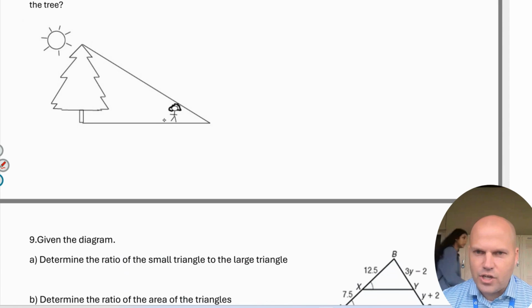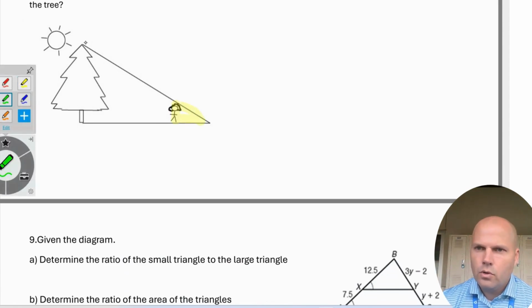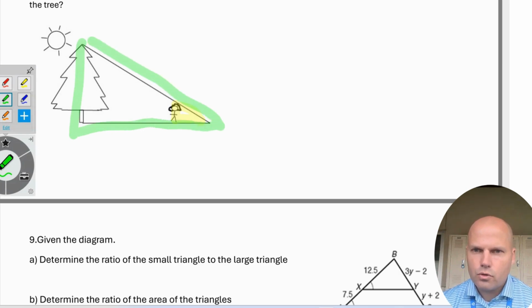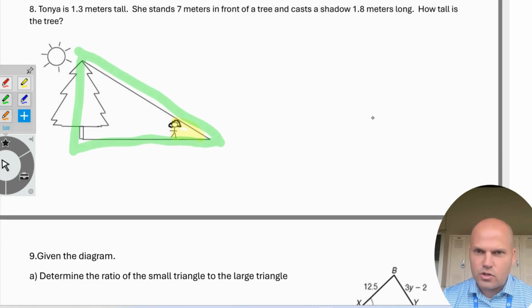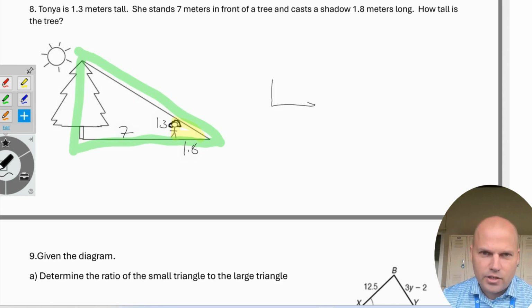All right, another triangle inside of a triangle. Tanya is 1.3 meters tall. She stands 7 meters in front of the tree, and casts a shadow of 1.8. How tall is the tree? Draw your triangles out.